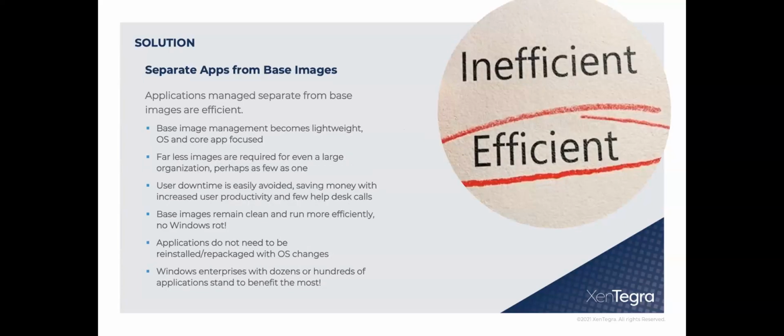So what is the solution, right? I feel like the solution is really separating the apps from the base image, because if you think about it, managing apps separately from the base image is more efficient. Base OS image management becomes easier. There's a far lower number of images required because the apps are managed separately. Those base images remain clean and pristine.